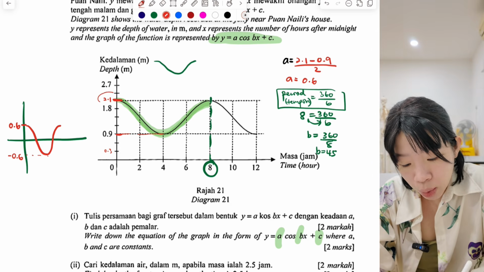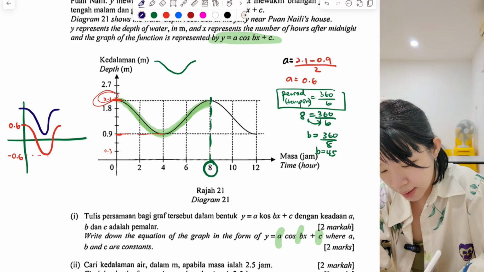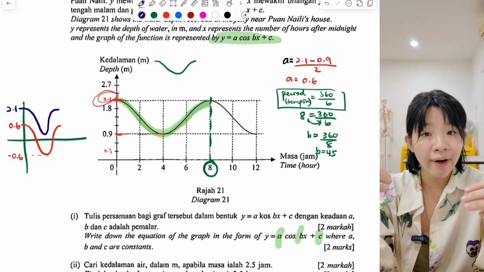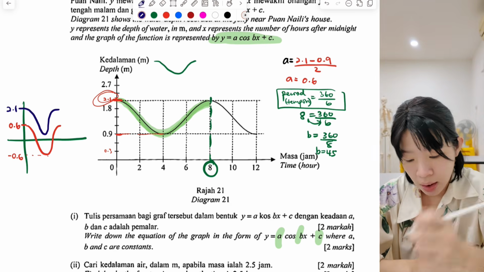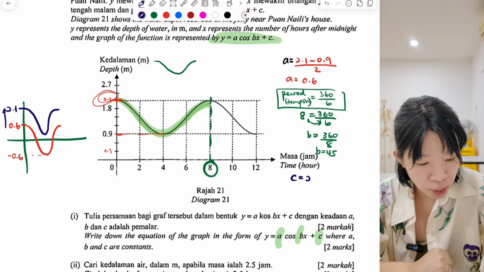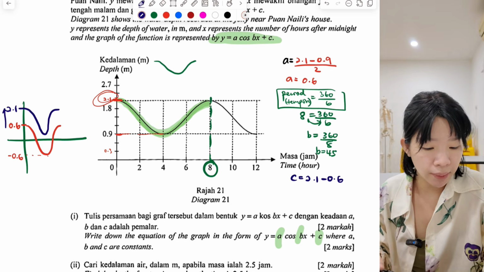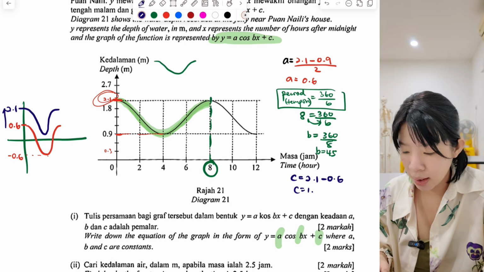The graph starts at 2.1. Which means the graph moves up already, correct? Move up by how much? To find c, I take 2.1 minus 0.6, which is 1.5.